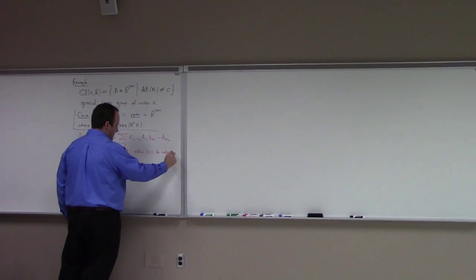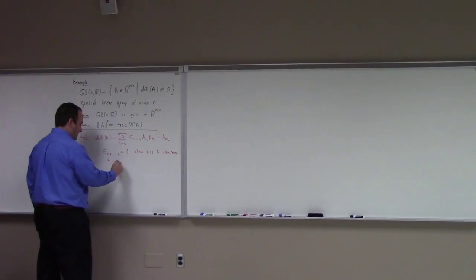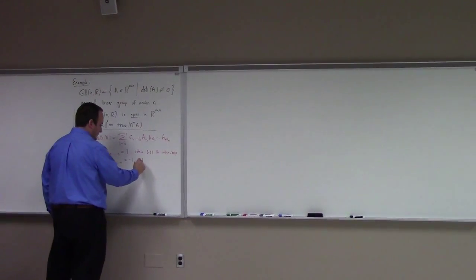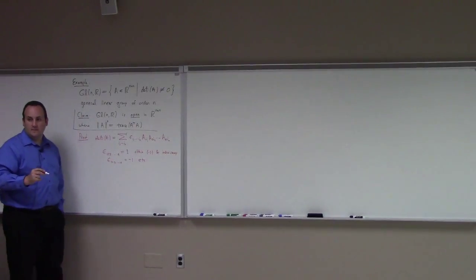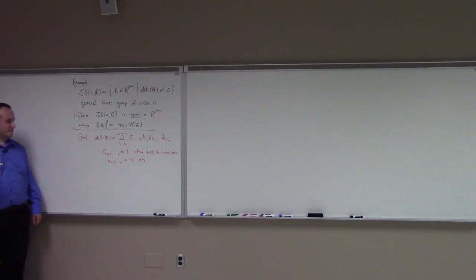For example, epsilon 2, 1, everything else the same, would be equal to minus 1, if I flip any two of the indices of the epsilon. The other important thing is that if you have any repeated index, like a 1 and a 1 somewhere in that list of i1 through in, then it's 0. This is the definition of the antisymmetric symbol.